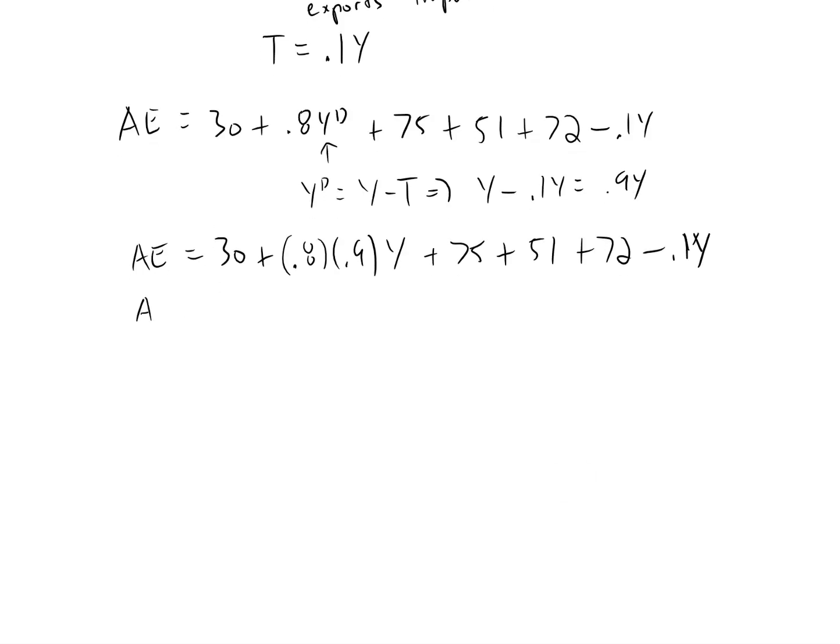So if we collect all these terms that are autonomous, that is 30 plus 75 plus 51 plus 72.